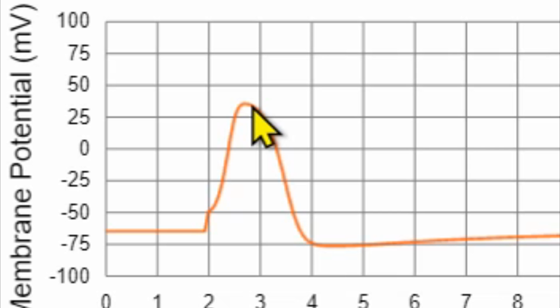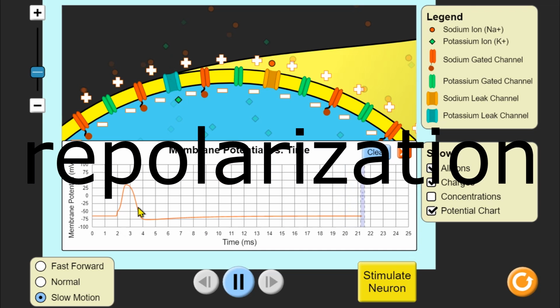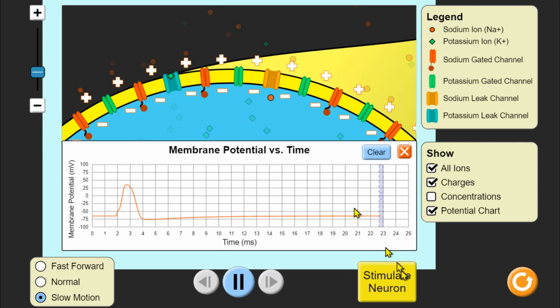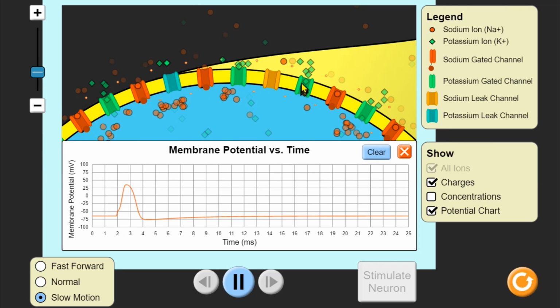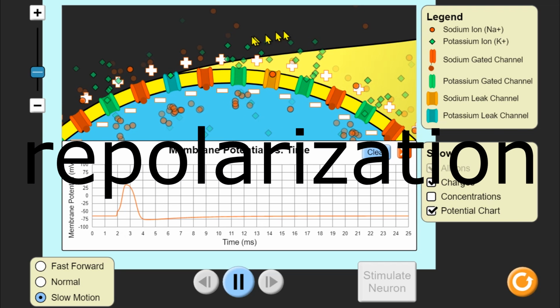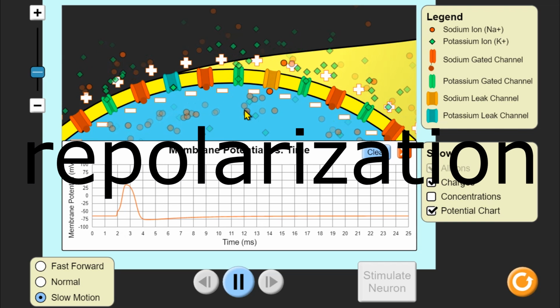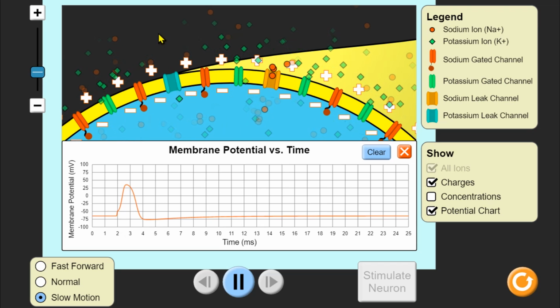Now, this one that's coming down is called repolarization. This is where all the potassium is coming back out. So flowing in, depolarization; flowing out, repolarization.